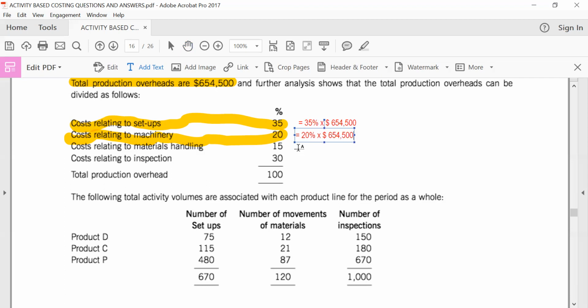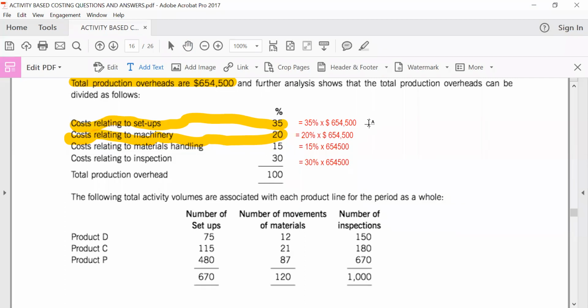Then we move on: 15% times 654,500. And the last bit is to multiply 30% by 654,500. So if you do that, you get the respective answers.